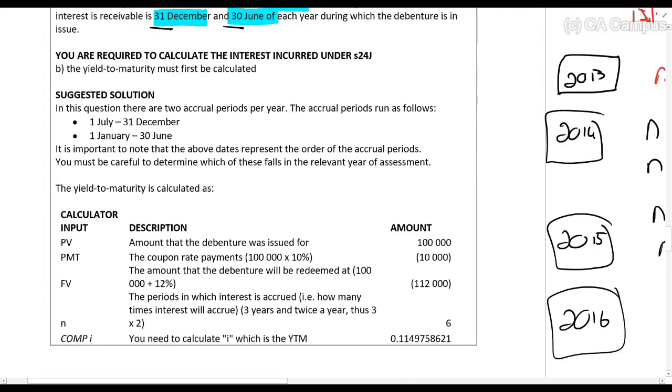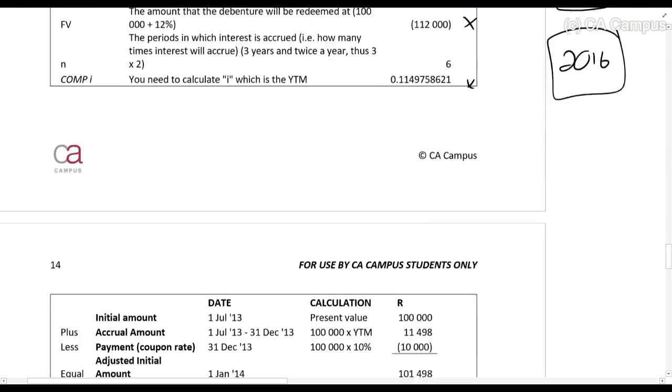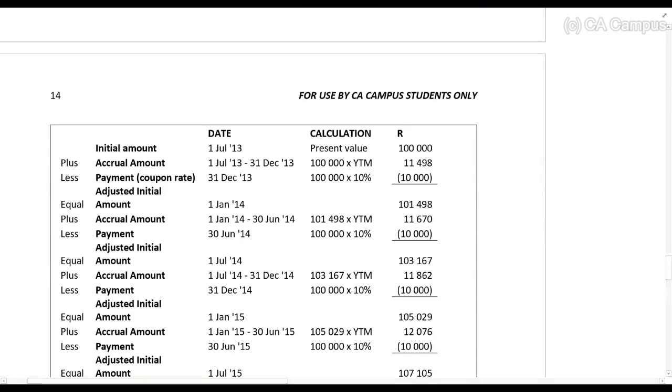So now you still do the same calculation, right? How much is it issued for? How much did you pay? How much will it be redeemed for? What is the interest on that? Okay, and that's what we calculate. So the accrual period that we see there, I'm just going to put down for you, that's N1.